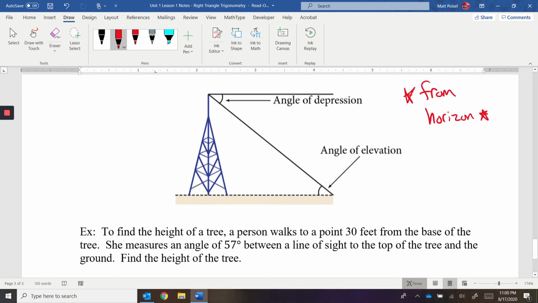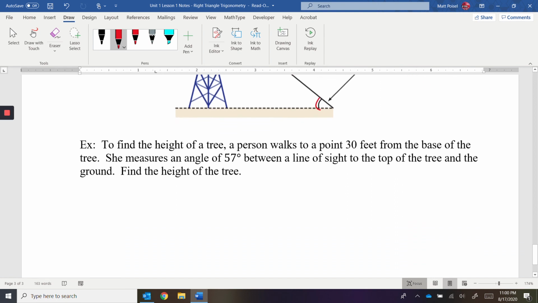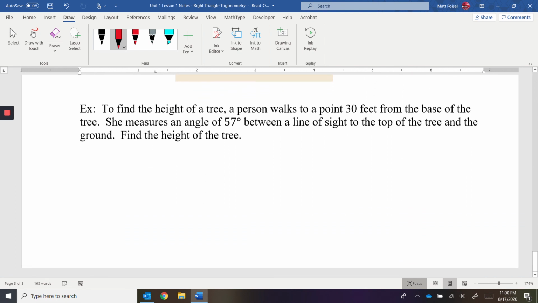And if you remember back to geometry, the angle of elevation from this sort of horizontal area up here is actually the same as the angle of elevation from the ground. Now, IB does get a little picky. They want your pictures to be correct, but in terms of doing the math, I think there's a pretty easy way to figure that out. And then you can just kind of make sure that your picture makes sense.